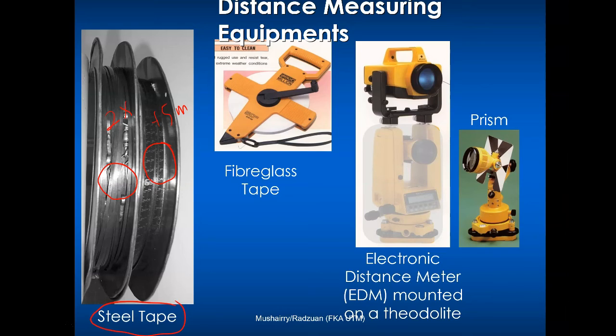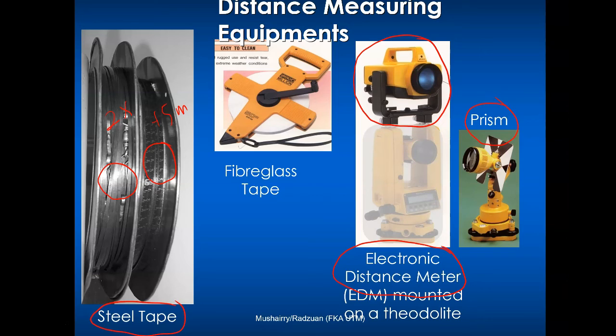And again, with technology, with electronics, we do have what we call an EDM, which stands for electronic distance meter. It's basically a device that you mount on top of a theodolite, and to use an EDM, you need at the other end, the point that you're measuring, a reflector, sometimes called a prism.